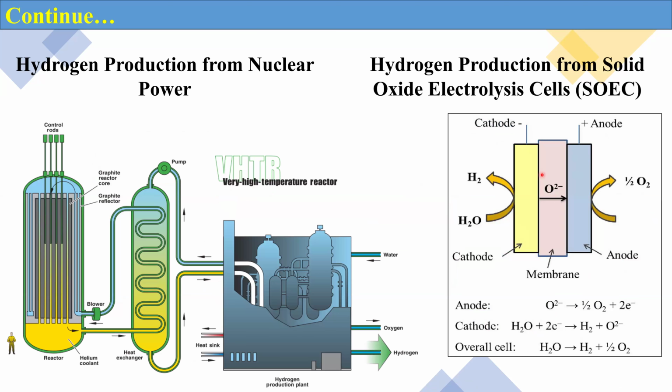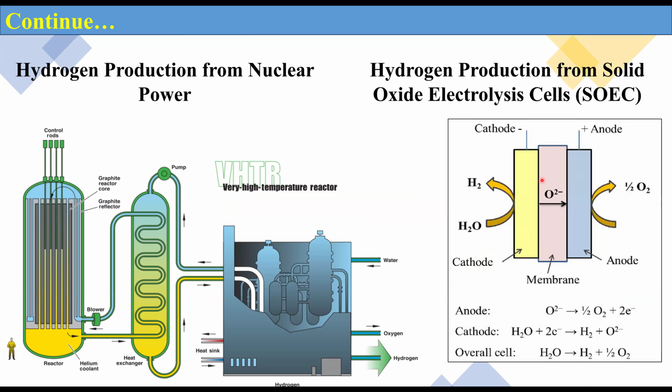Within hydrogen production from nuclear power, a nuclear reactor can produce high temperature heat. In order to harness this heat, high temperature electrolysis can be performed, or thermochemical hydrogen production can be attained.